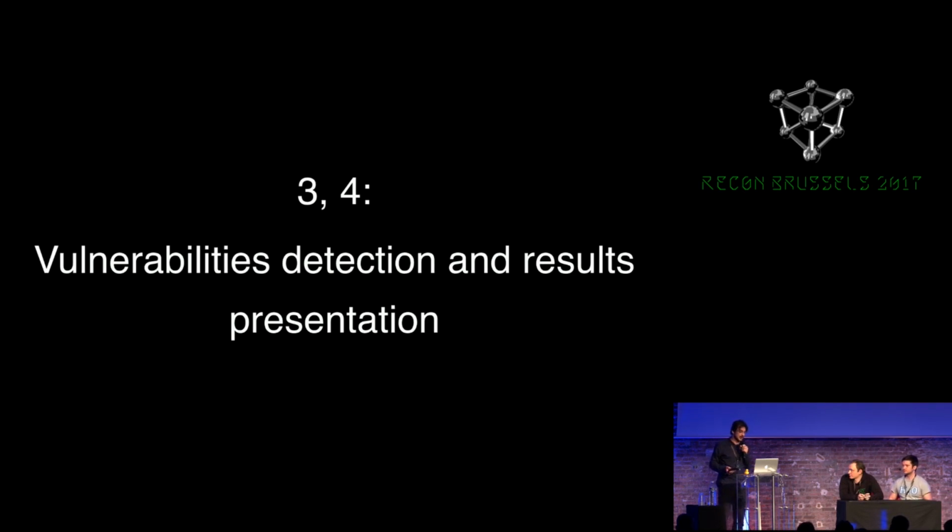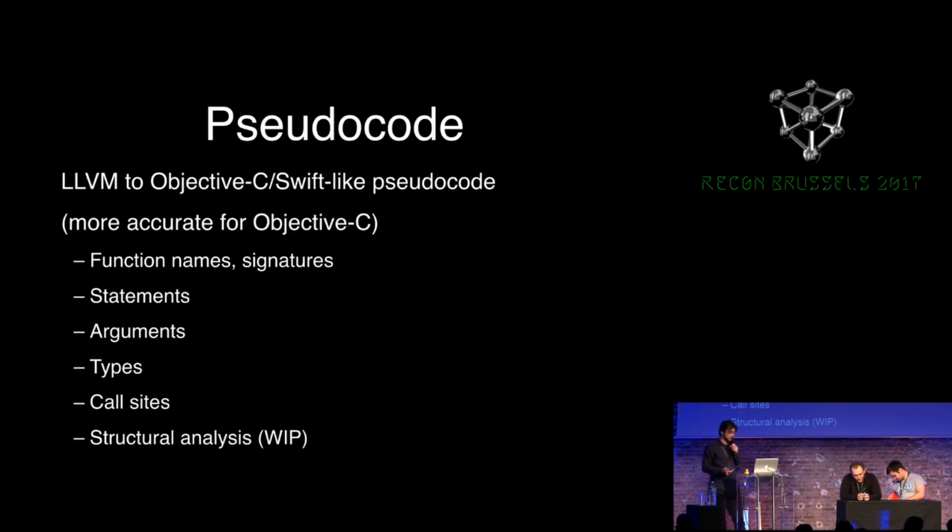We have LLVM bytecode, and we want to find vulnerabilities in it. At first, we decided that it would be better if we show our detected vulnerabilities in some human-readable context. So we developed a tool that recovers some Objective-C or Swift-like pseudocode from LLVM bytecode. The ultimate goal of this work is to develop a decompiler.